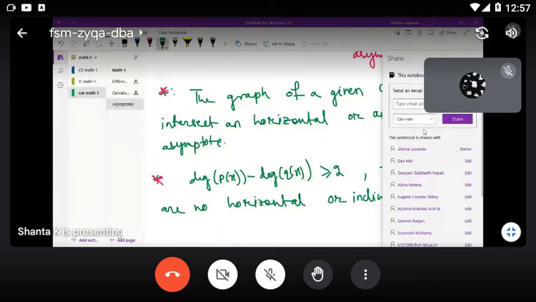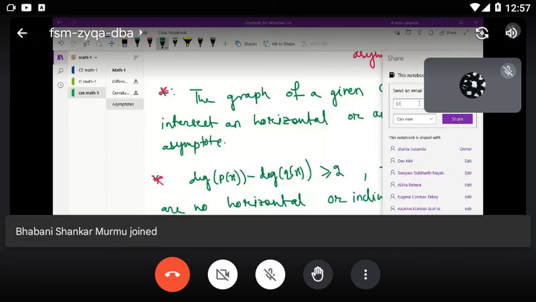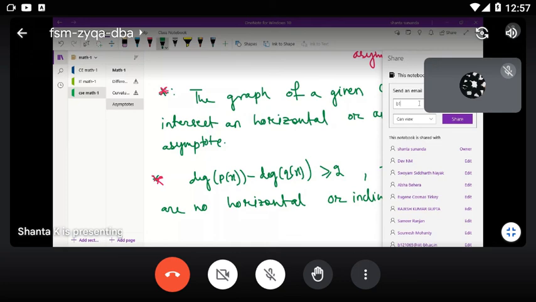B1211029. I'm sending it. I shared it with you.